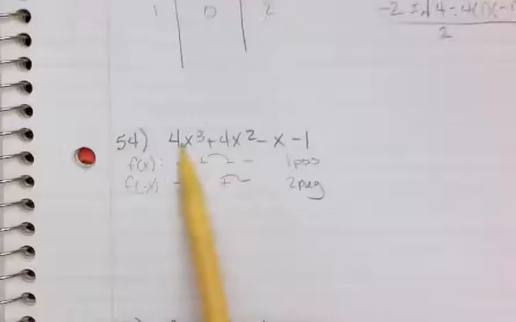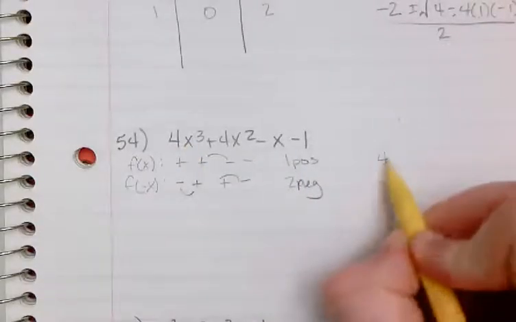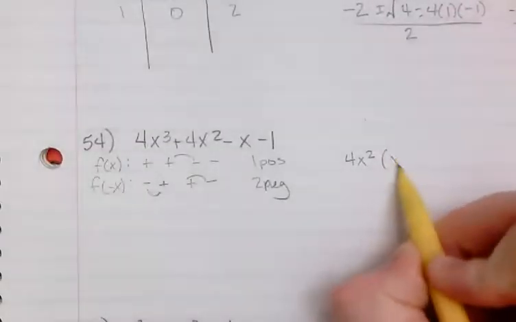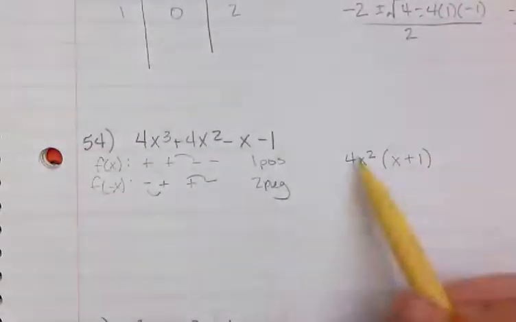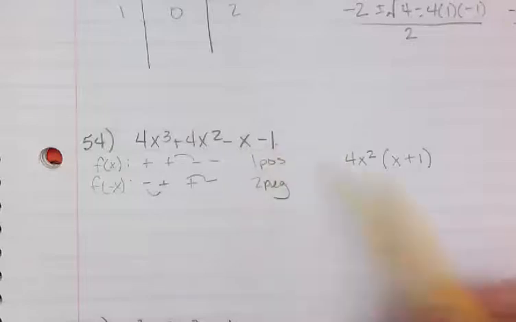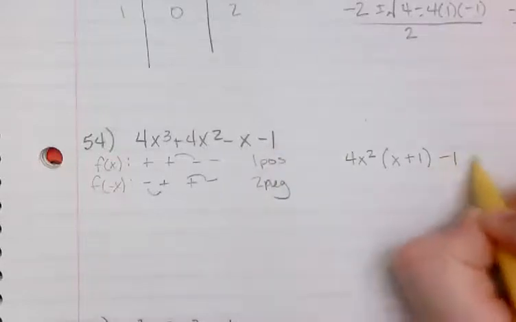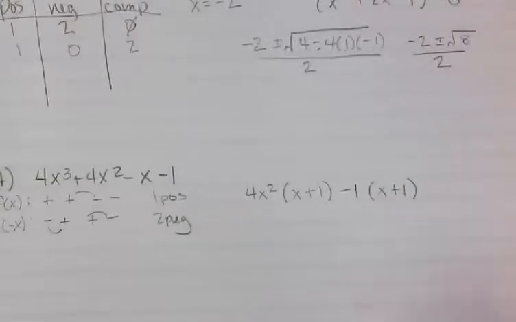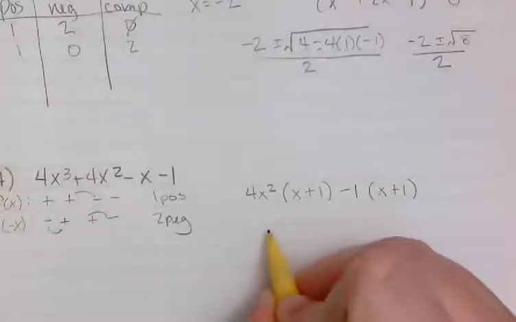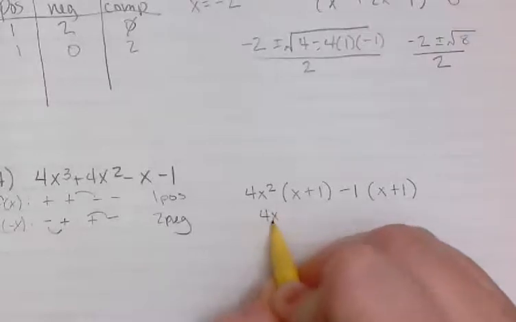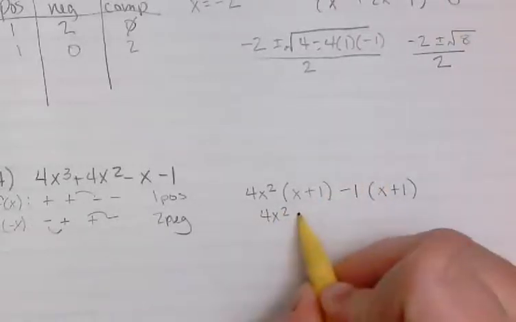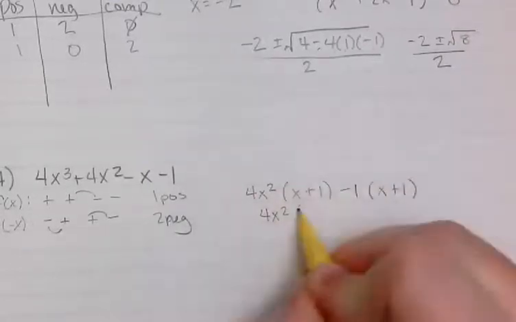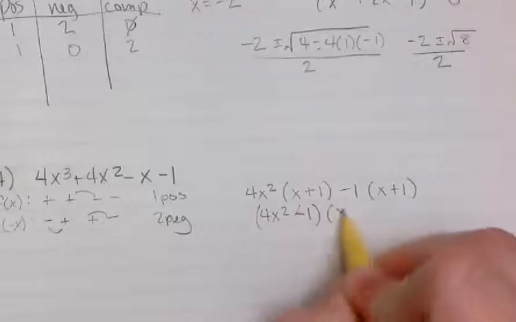Now looking at this, I'm going to try factoring by grouping. In the first group, I'm going to pull out a 4x squared, which is going to leave me with x plus 1. Seeing that these are both negative and I want both positive, I pull out a -1. So now I have 4x squared times (x plus 1) minus 1 times (x plus 1).